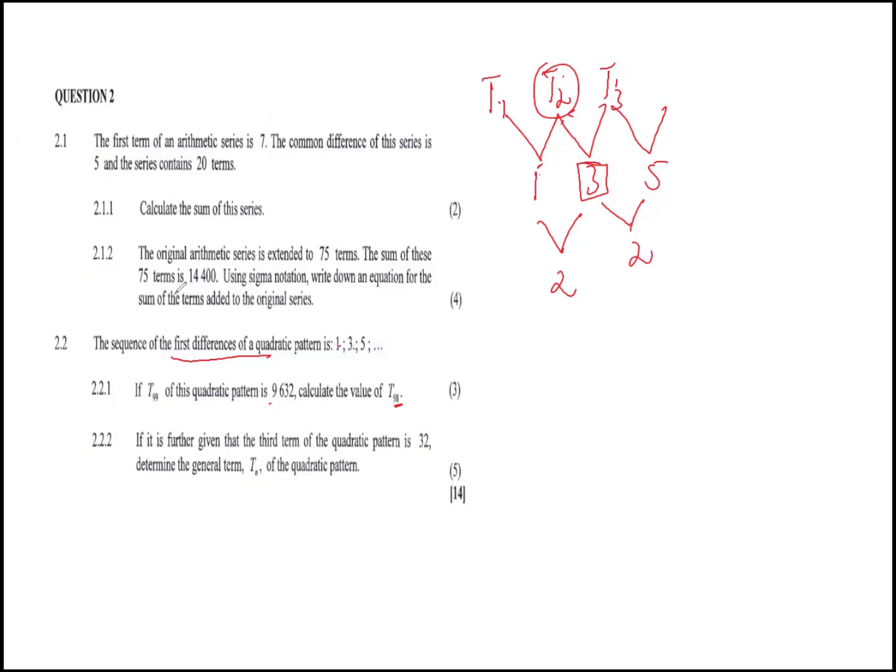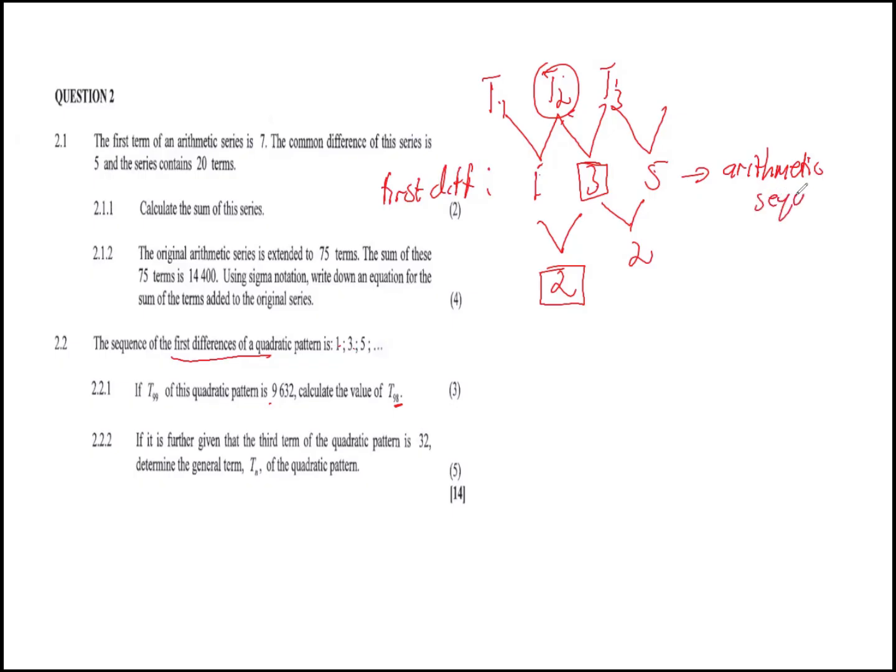So that's the knowledge we'll be using. In other words, what we'll be trying to find is the pattern that is created by this, 1, 3, 5. From here, we can already see our common difference. The one important thing you have to note about the quadratic pattern is that the first difference always gives birth to an arithmetic sequence.